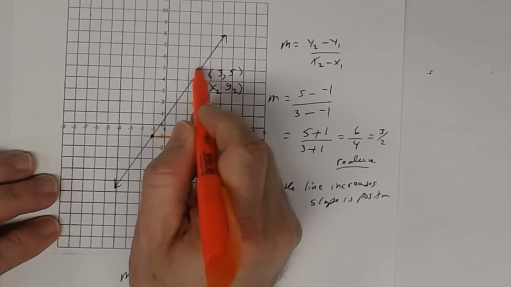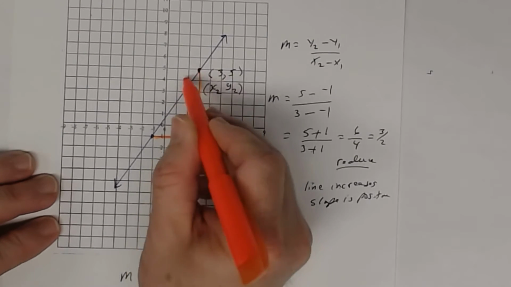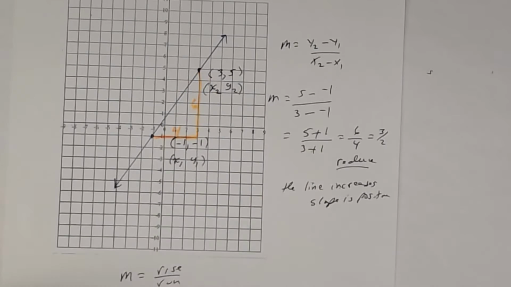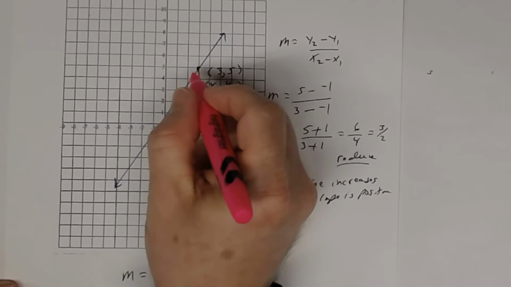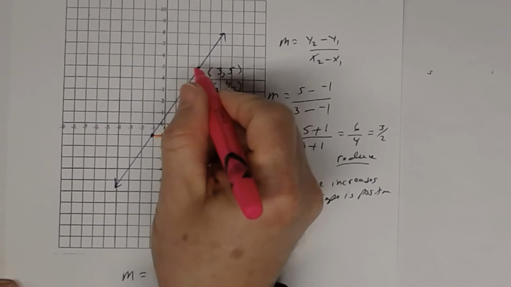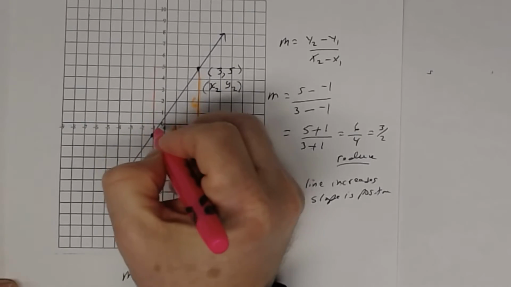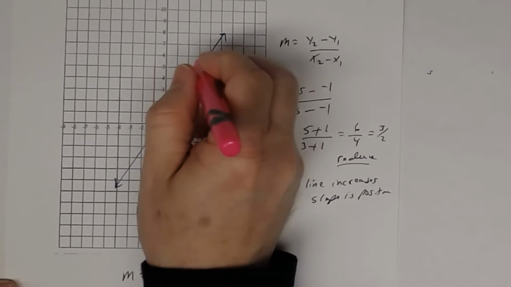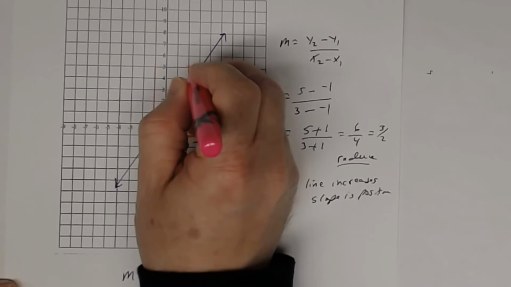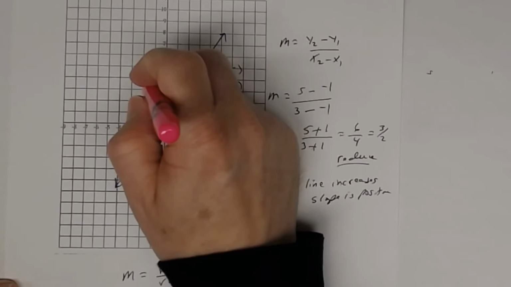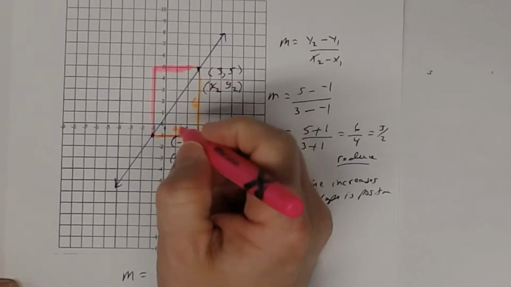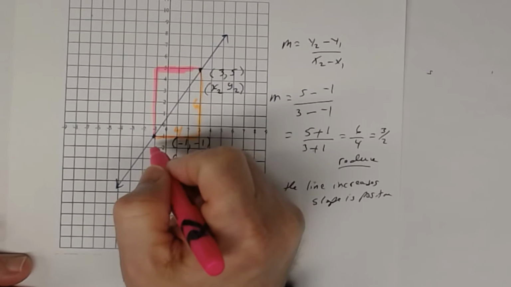Now, if you wanted to go this way, watch. If you wanted to draw the triangle this way instead, let me use a different color. So if you wanted to draw the triangle this way, like this, you could have done the same thing. Oops, you can't see it very well. Let's do it again. Let's do this. All right, so if you want to draw the triangle this way, again, let's start here.